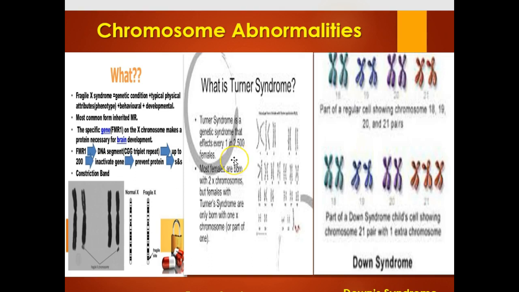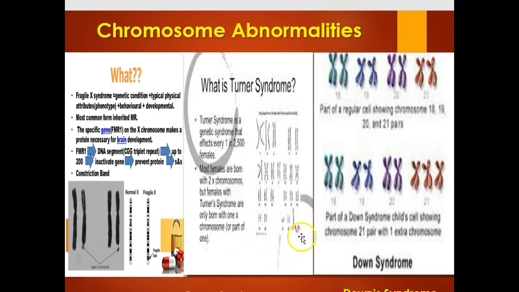All right, other chromosome abnormalities are also forms of mutation as well. And so we have Turner syndrome. So, what is Turner syndrome? Well, it's a genetic abnormality that affects females. They're supposed to be born with two X chromosomes, but females with Turner syndrome are born with only one chromosome or part of a chromosome.